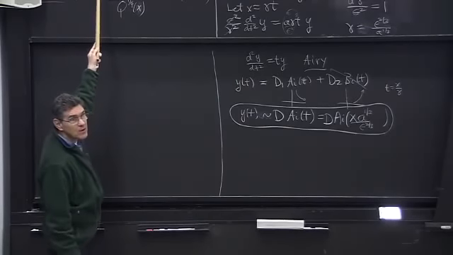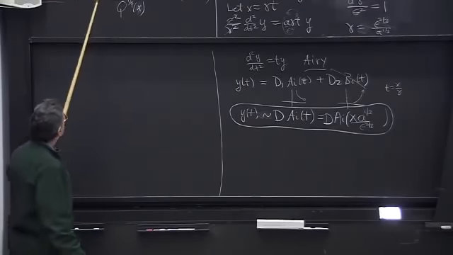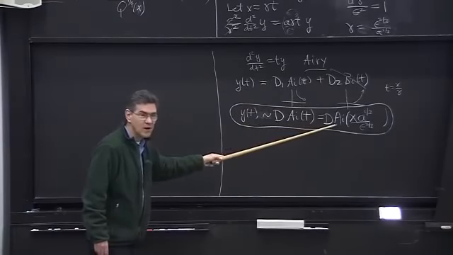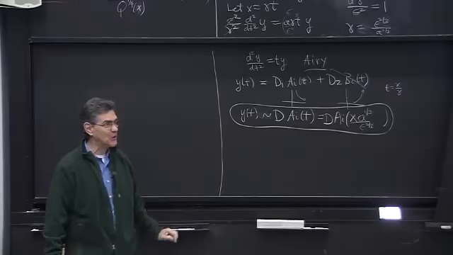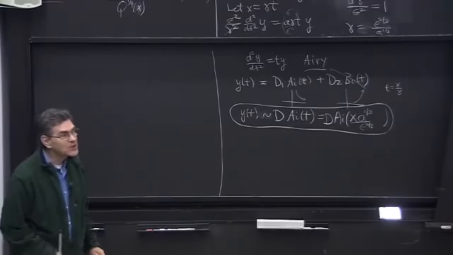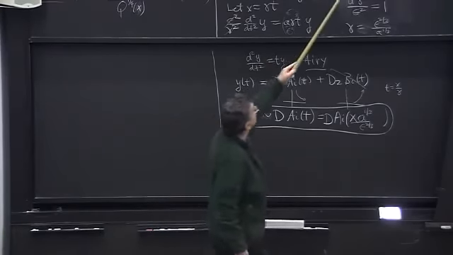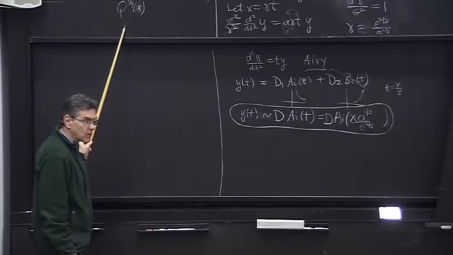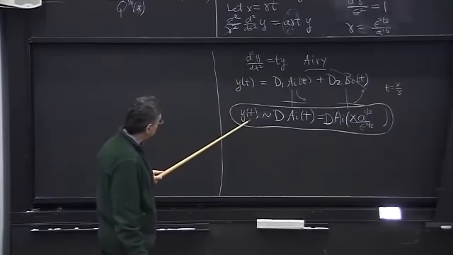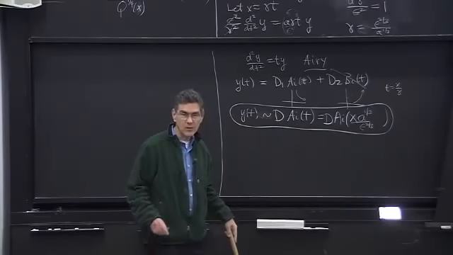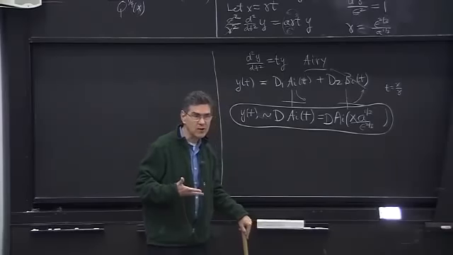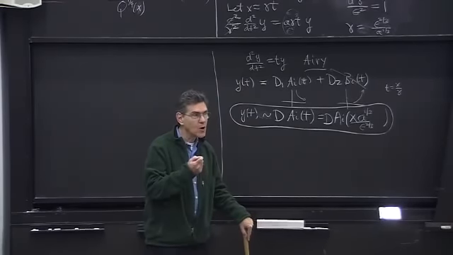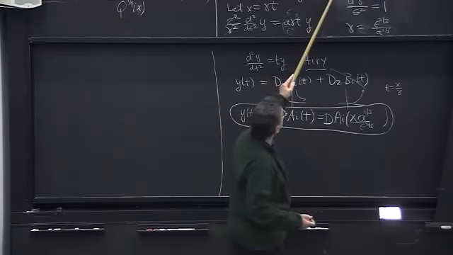We've written down the solution here, and we've written down the solution here, and they don't look anything like each other. We claim that in region 1, the solution looks like an exponential of an integral divided by q to the 1/4. In region 2, we claim the solution looks like an Airy function. It's given by the Airy function as an asymptotic approximation, but it's got to be the same solution if the two regions overlap.